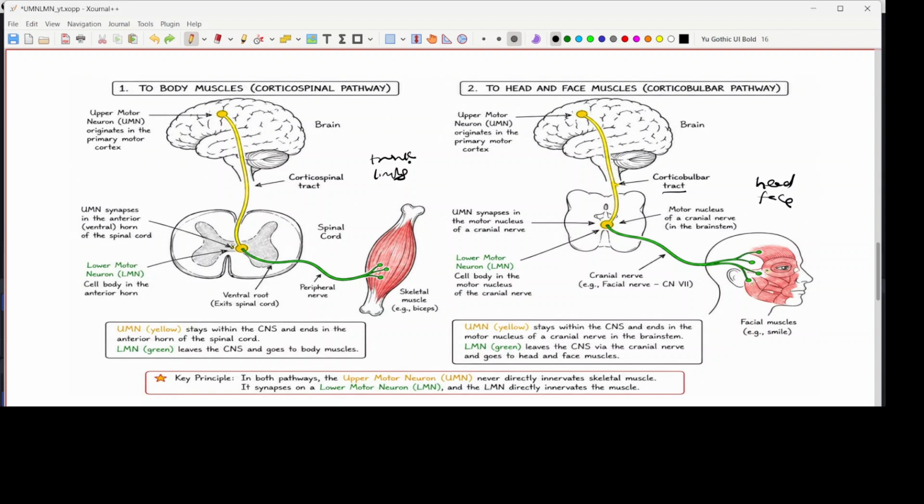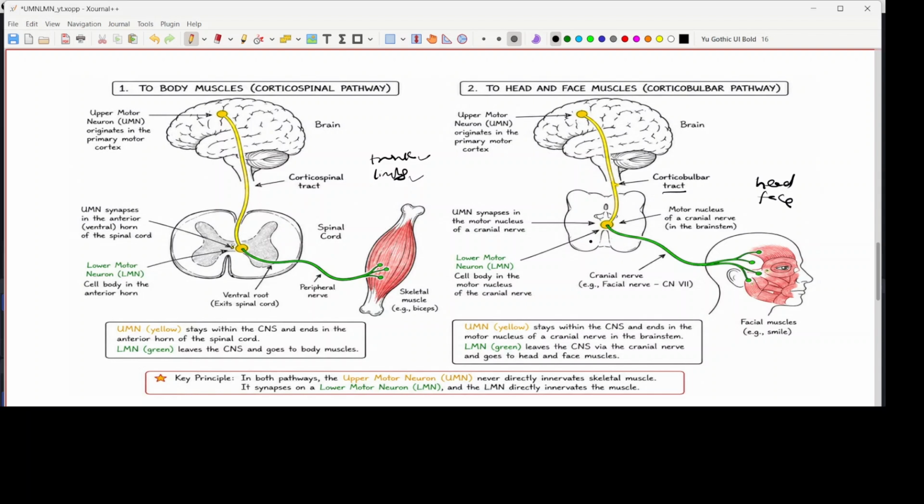For muscles of the trunk and limbs, the cell bodies of lower motor neurons lie in the anterior horn of the spinal cord. While for muscles supplied by the cranial nerves, especially muscles of the head and face, the cell bodies of lower motor neurons lie within the motor nuclei of cranial nerves in the brainstem.